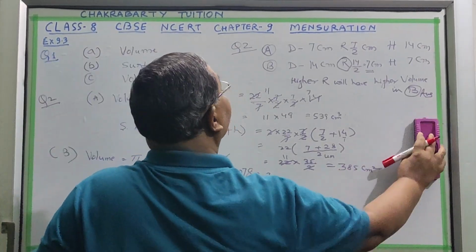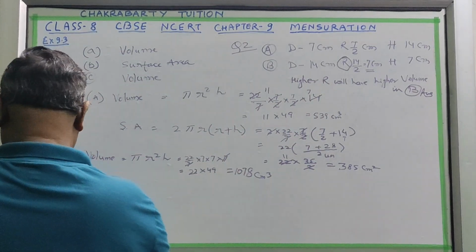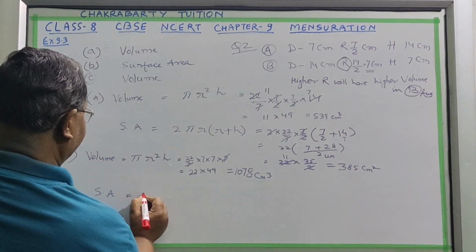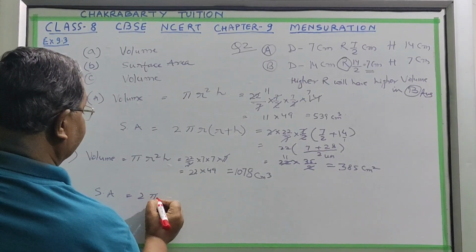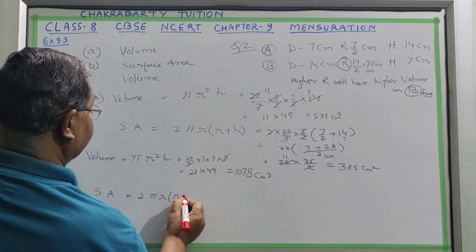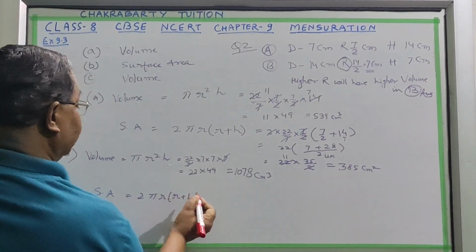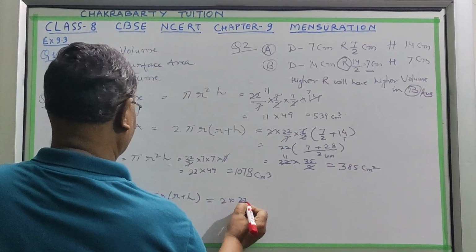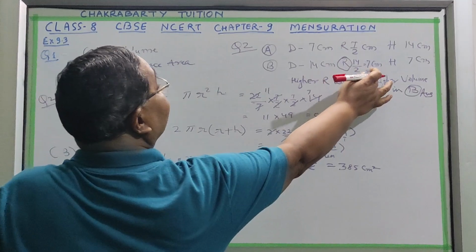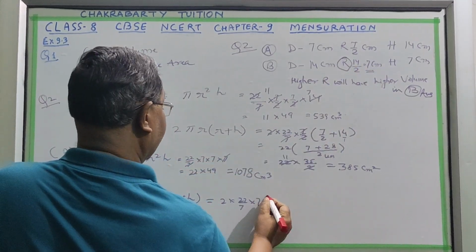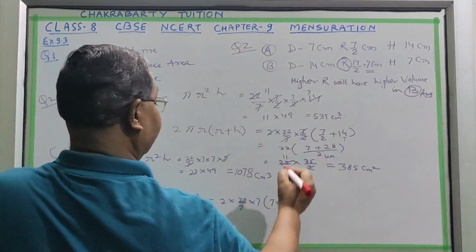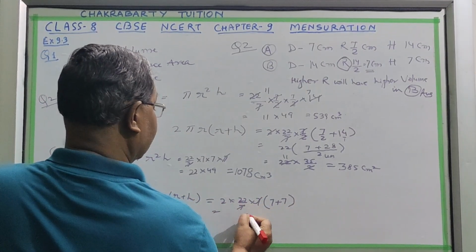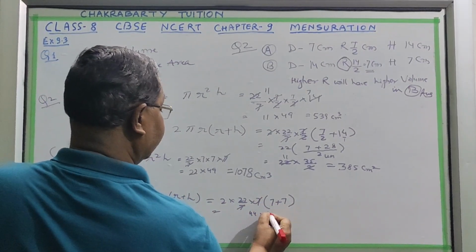Now we have found the volume, and now the surface area. Surface area is equal to 2 pi r into (r plus h). This formula you have to keep in mind. So 2 into 22 by 7 into radius 7 into (7 plus height 7), which is 44 into 14.